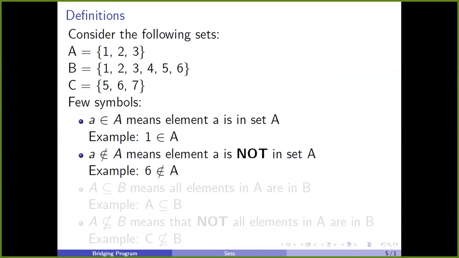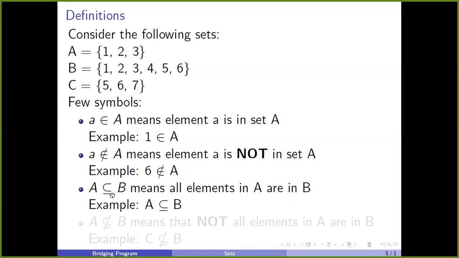There's another symbol that is being used, and this one is called subset. If all elements that are in A are also in B, then I can write A as a subset of B. The symbol that I use is like this, and the open side points to the bigger set.